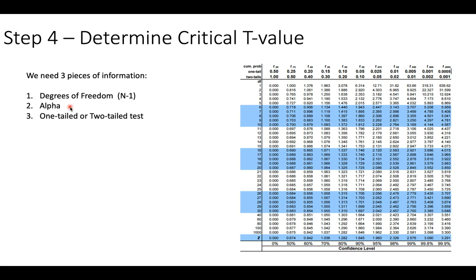We need alpha, which if you go back to the beginning of this problem, we defined as 0.05. And then we need this new decision. We haven't encountered this before. This is brand new with t-tests. We need to decide, is this a one-tailed or a two-tailed test?